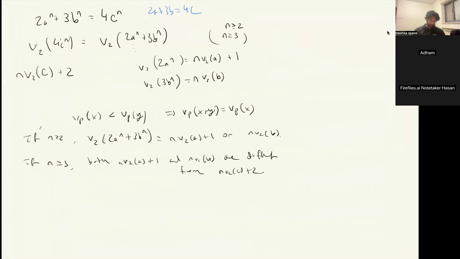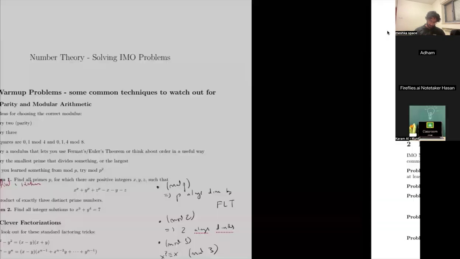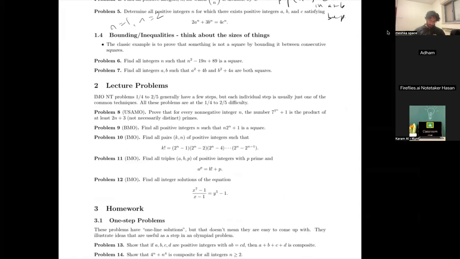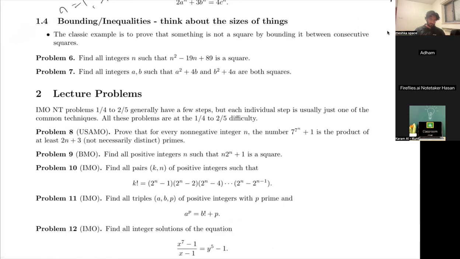Okay, so let's now look at something else. I wanted to explain one other thing, which is about bounding. What is the idea behind this bounding and inequalities?